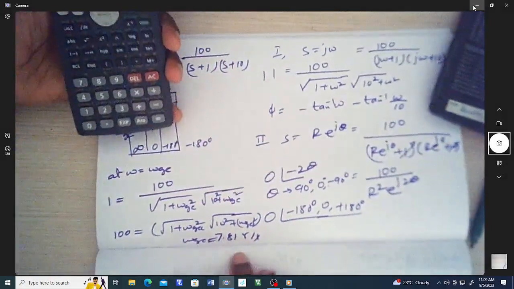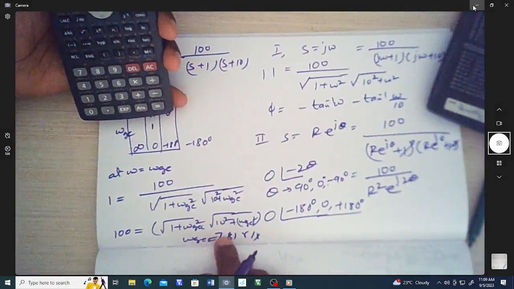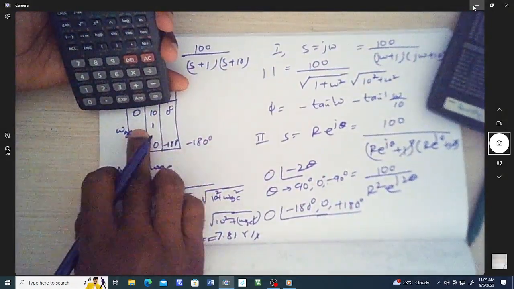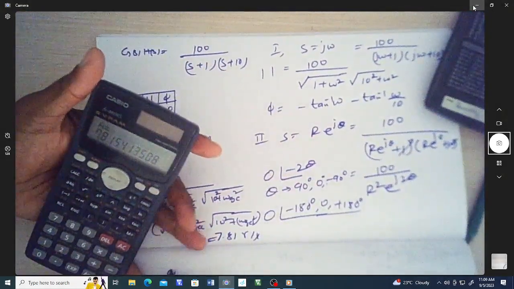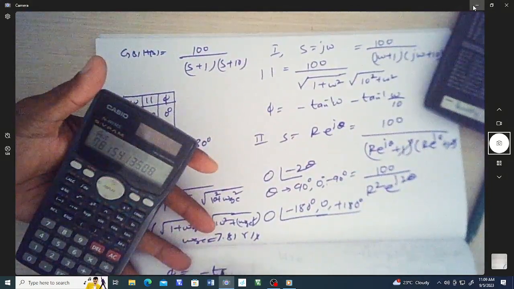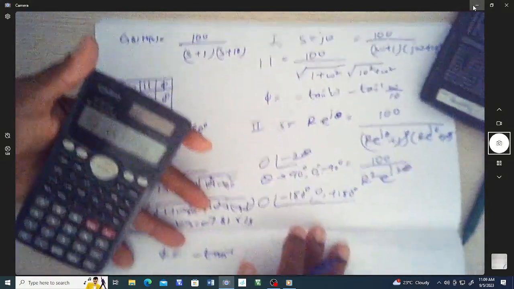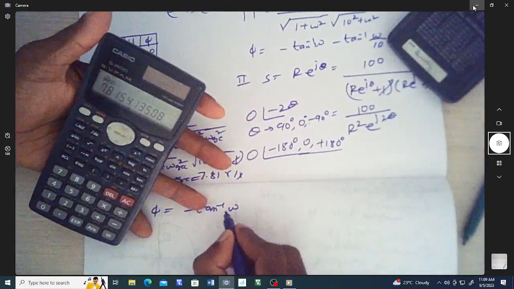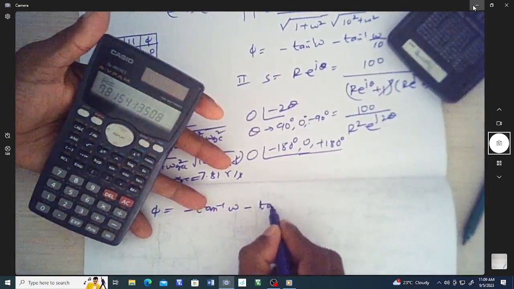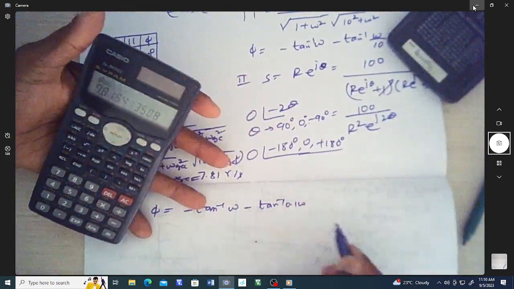Let me substitute this value of omega gc into the phase equation. The phase equation is minus tan inverse of omega minus tan inverse of 0.1 omega.